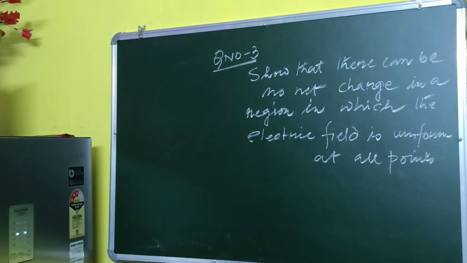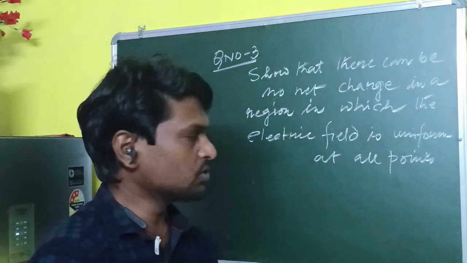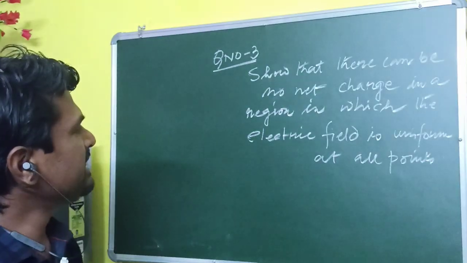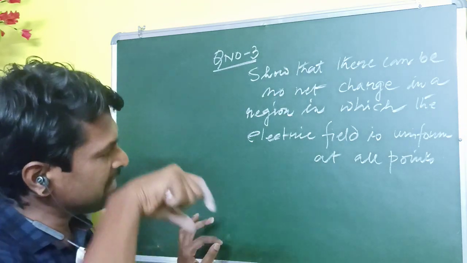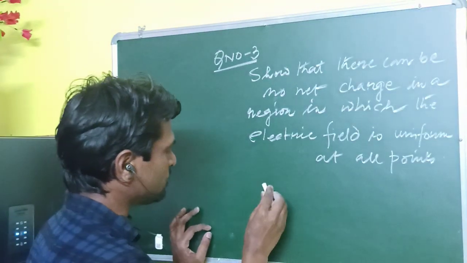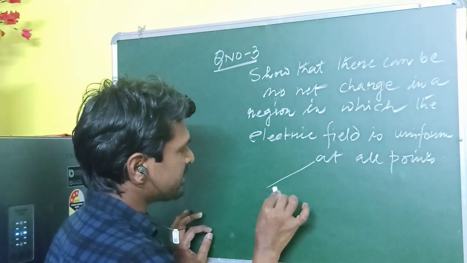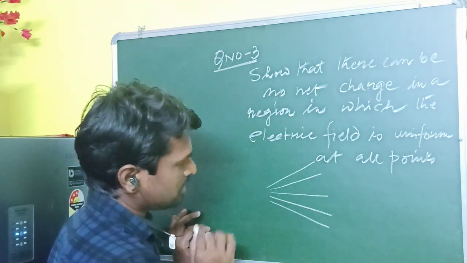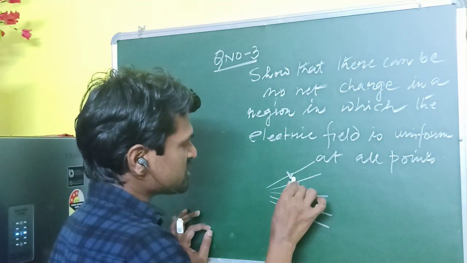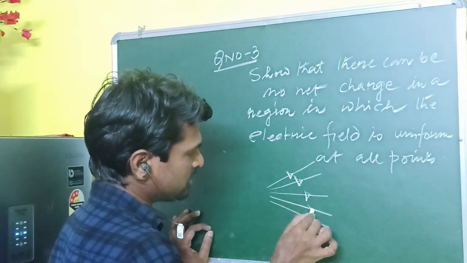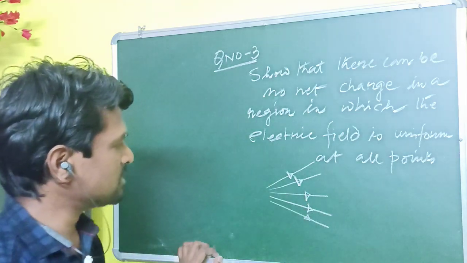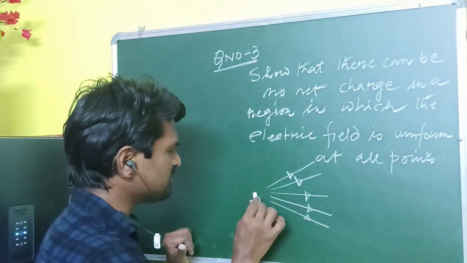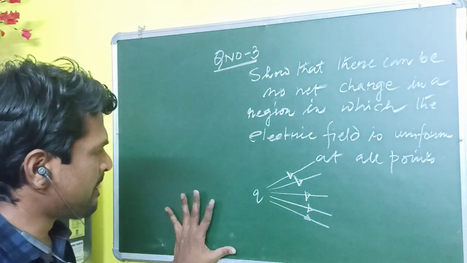So the answer. First of all, students, let me explain the concept. You can establish an electric field that is diverging, so the charge must remain at that position.